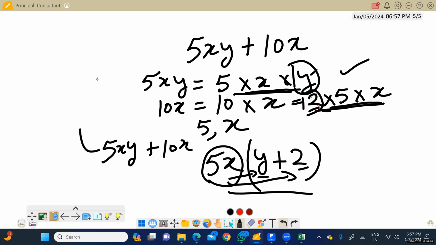It's the same thing, right? So I've done the factorization, correct? Yes, sir. Are you just saying yes, or do you really understand? Sir, I understand. Himangi, is it clear? Yes, sir. Okay.